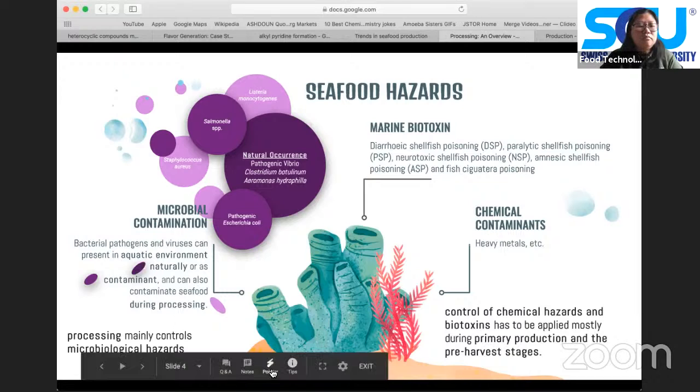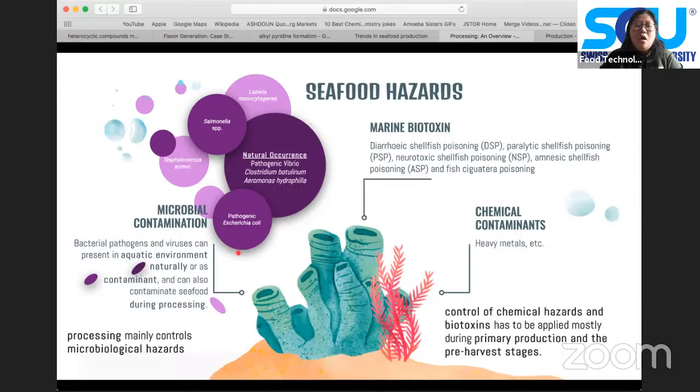So the processing of seafood mainly controls this microbial hazard. But there is another hazard from seafood, which is chemical hazard and biotoxin.